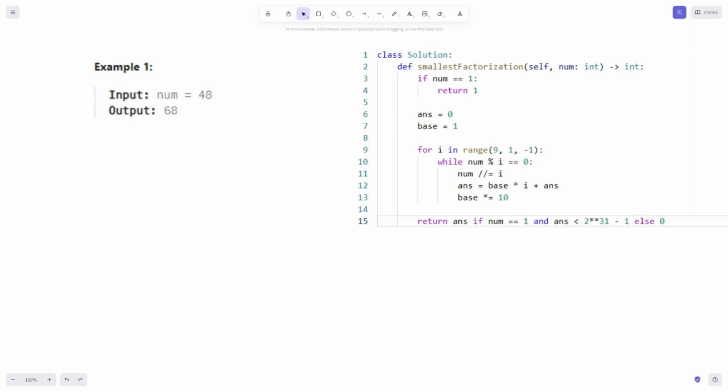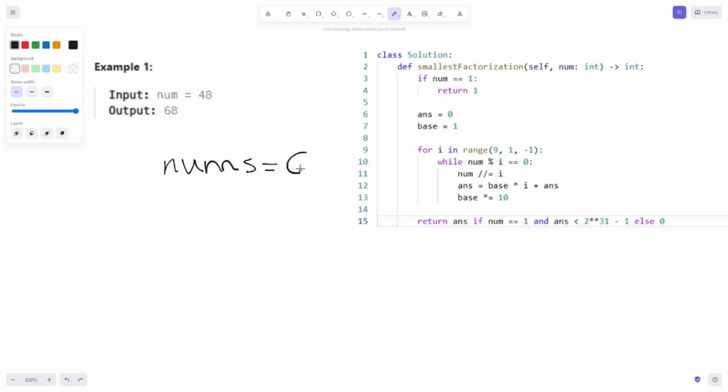Num becomes 6. Then answer is equal to base times I, 1 times 8, plus answer 0. So answer is now 8. So for the ones place, we have added 8 as the answer, and then base times 10 means that we are now moving to the tens place.